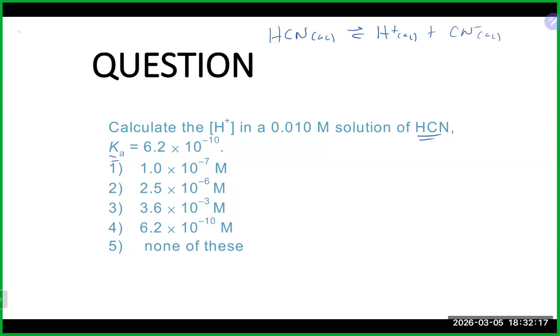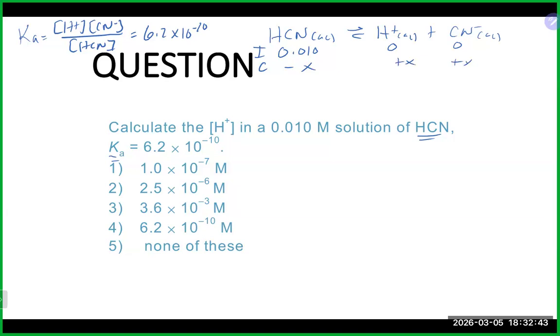Our Ka expression in this case is going to be our products, H plus, CN minus, divided by our HCN. That is going to equal our Ka value, 6.2 times 10 to the minus 10. We're going to roll in with our initial concentration here of 0.01. We're going to zero these guys. Minus x, plus x, and plus x.